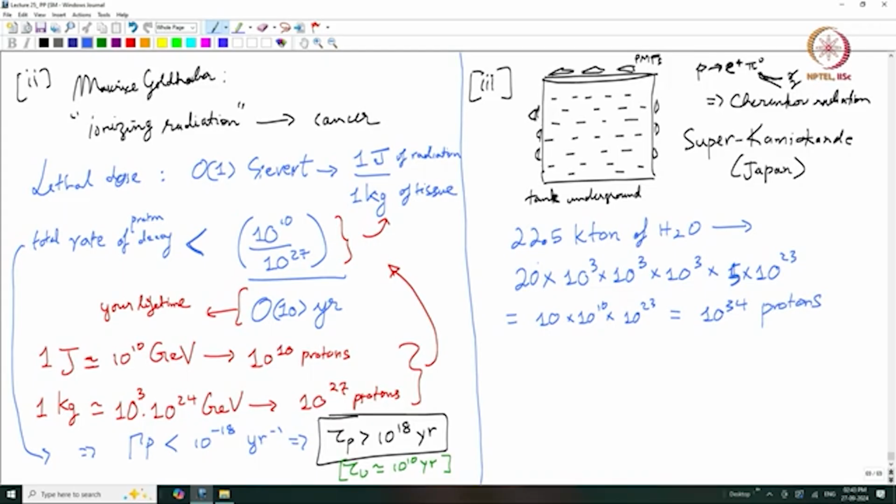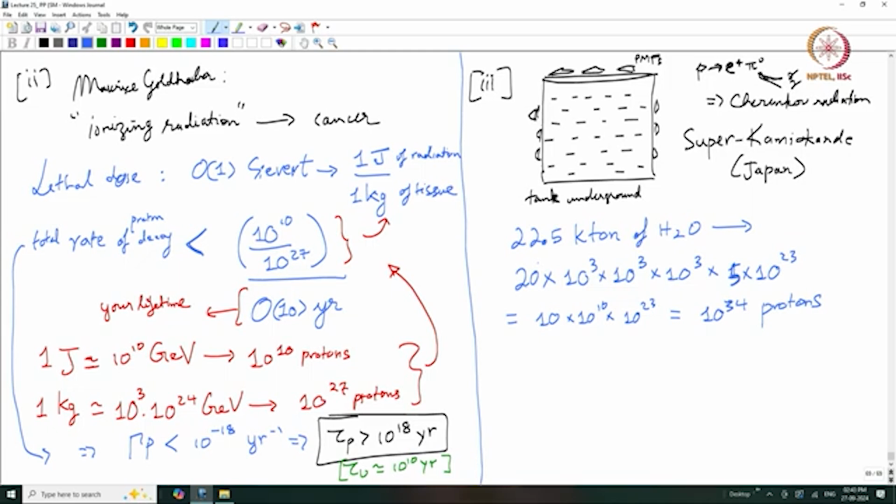Okay. Now all they have to do is wait for one of these protons to decay. And typically these experiments last for a year. This time I think it's lasted almost 10 years if I'm remembering correctly. But let's just say the typical time scale for an experiment like this is a year. Okay.